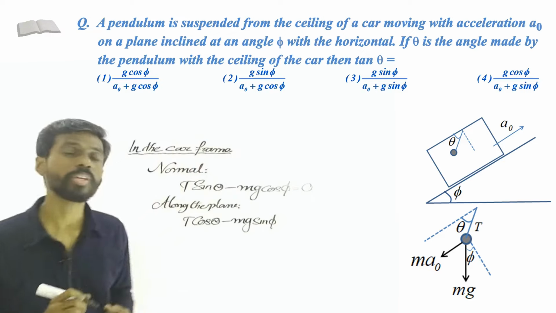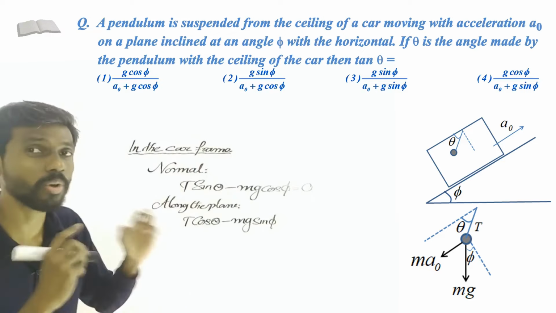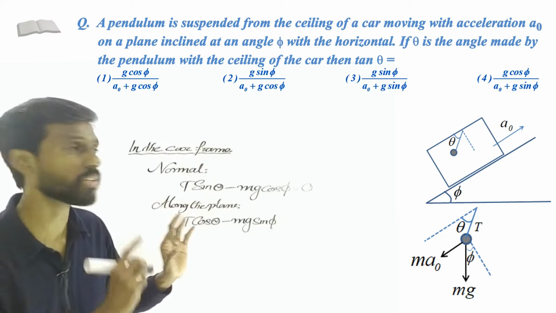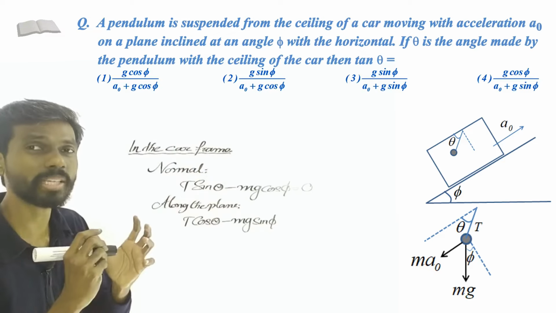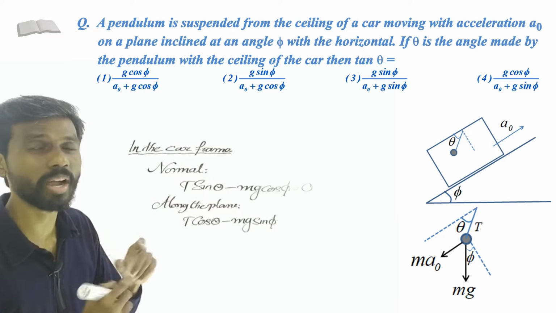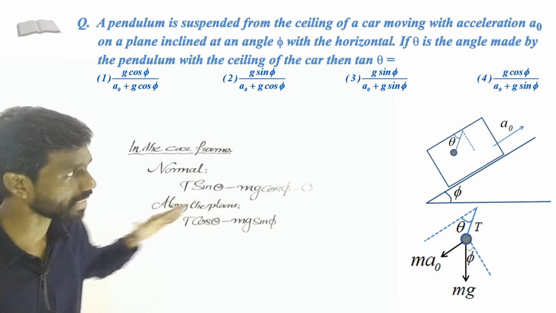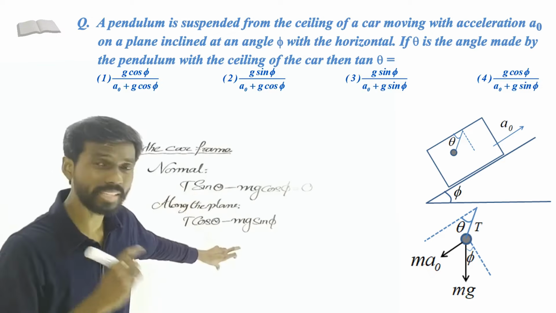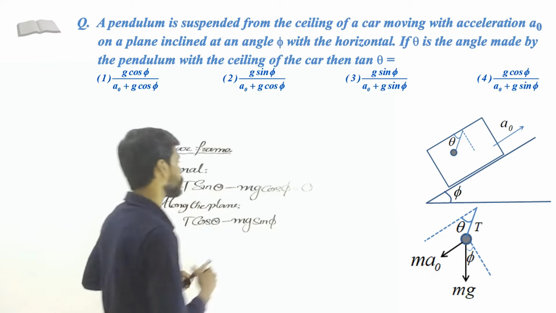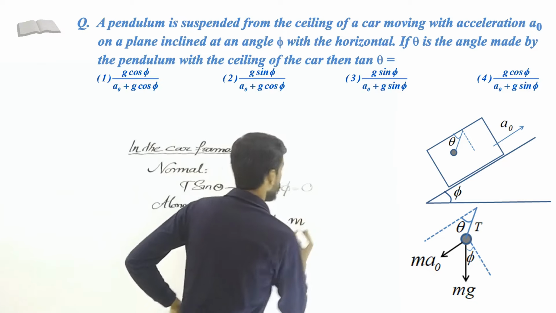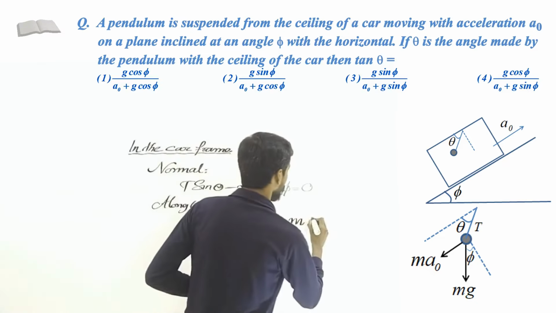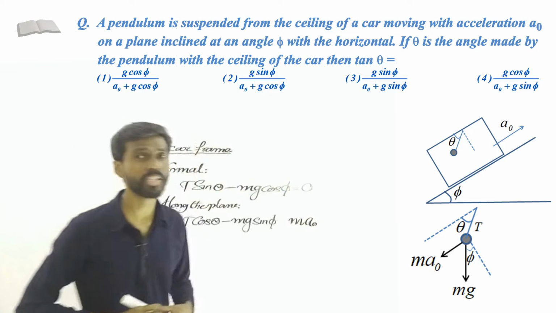Now we also have to consider the pseudo force, right? Because it is the accelerating frame. What is pseudo force? Mass multiplied by the acceleration of the observer. Observer is the car only, so that has acceleration a0. That means mass of the pendulum, m, multiplied by the acceleration of the observer, a0. But what is the direction?